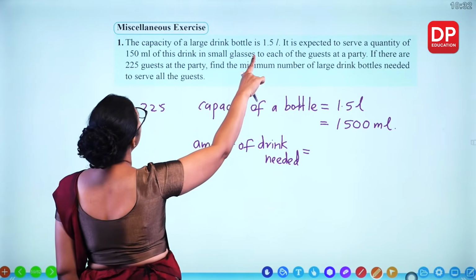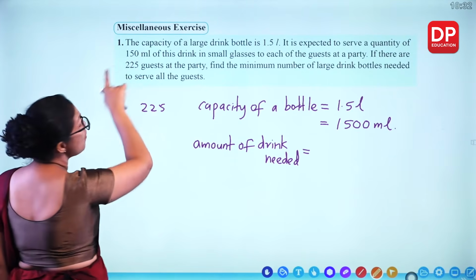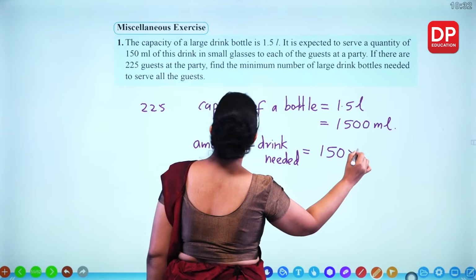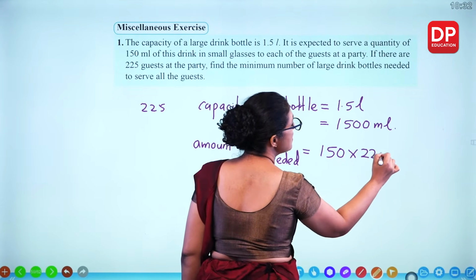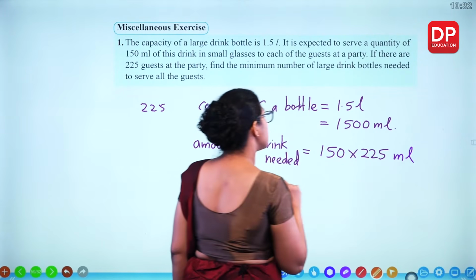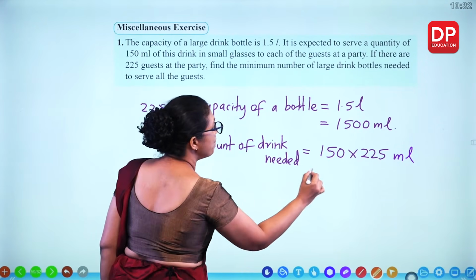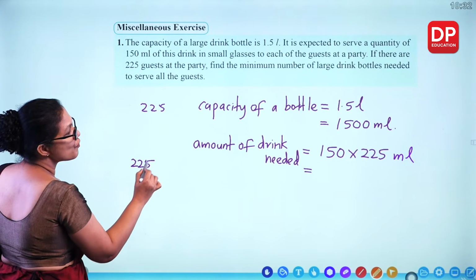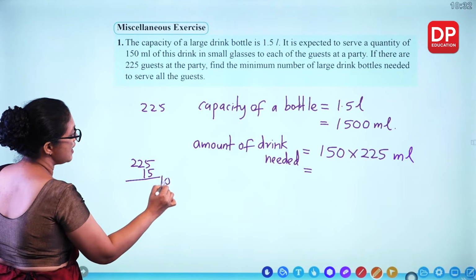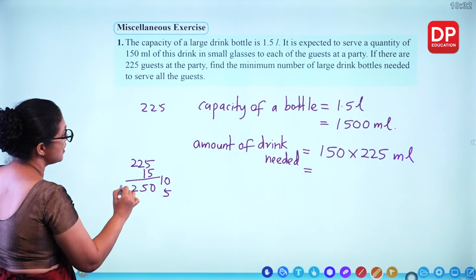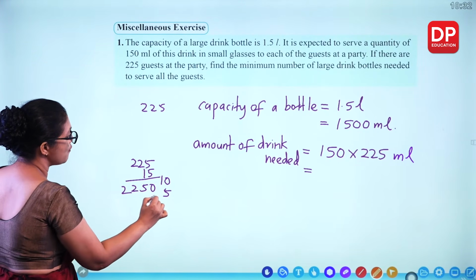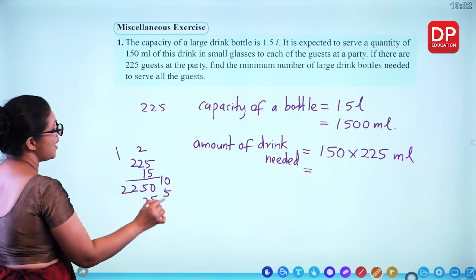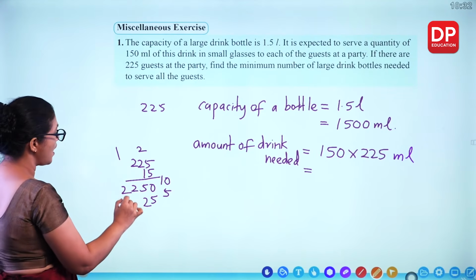each one 150 milliliters. So 150 into 225, that's in milliliters. So we'll multiply 225 into 15 and put a 0. 10 and 5, you get multiply by 1, 5 times 5, 25, 5 times 2, 10 plus 2, 12, and 5 times 2, 10 plus 1, 11.